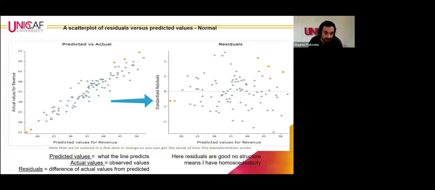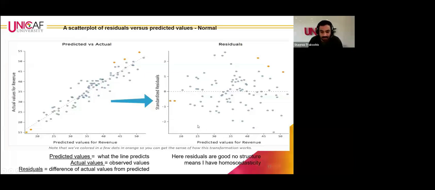Here I have a model, which is basically the predicted values of revenue against the actual values of revenue, and the distance the actual values have from the predicted values in a standardized manner. So these are some units of measurement. Here they are kind of z-scored.